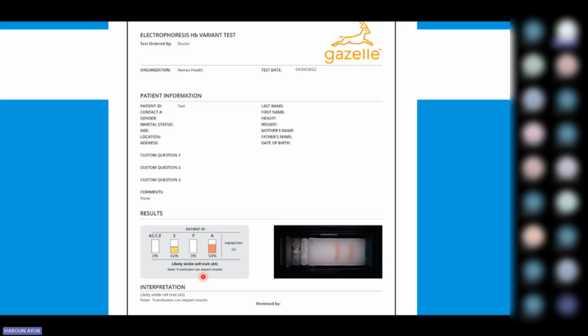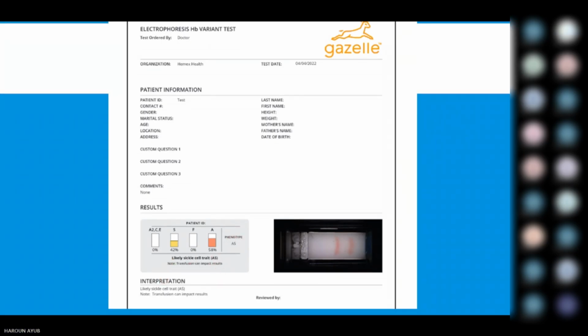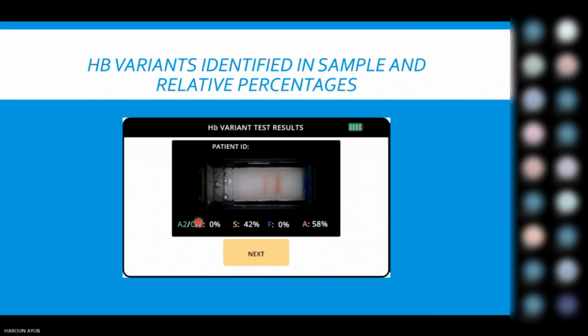Then it will give you a representation of the interpretation, based on the algorithms by the manufacturer. Like here, AS, it will likely be sickle cell trait. If you get SS, it will give you sickle cell disease, and so on. So the interpretation depends on the image on the machine.